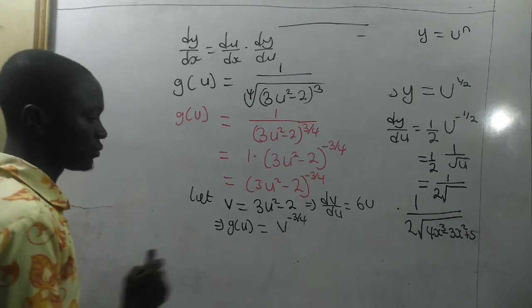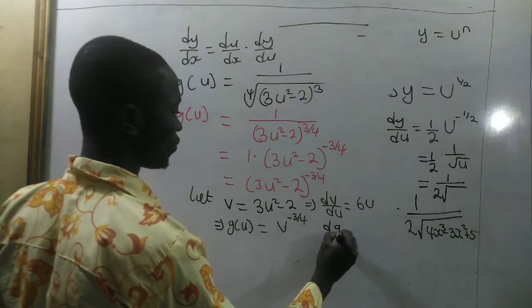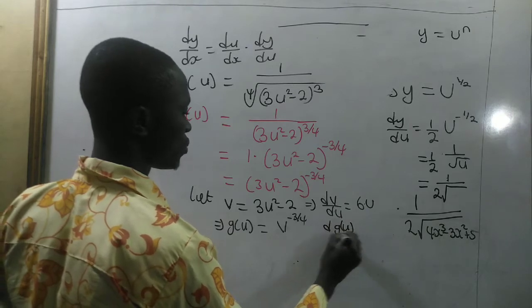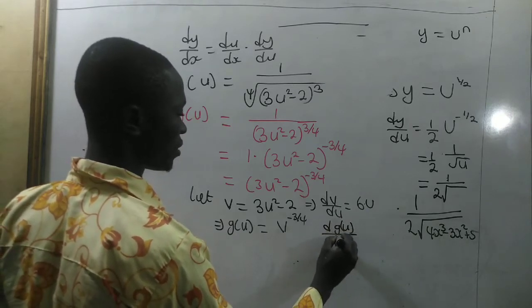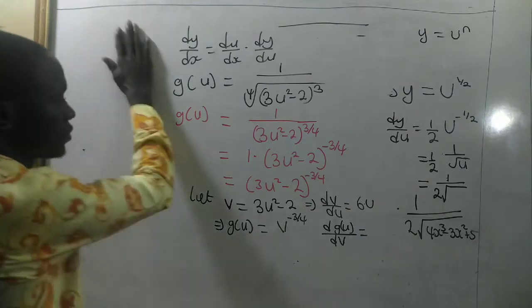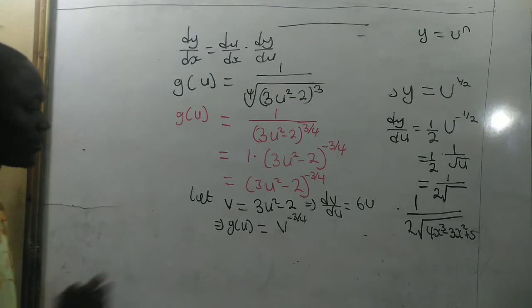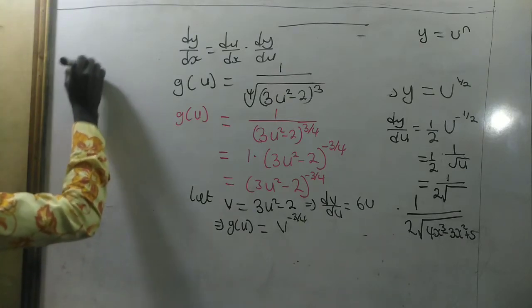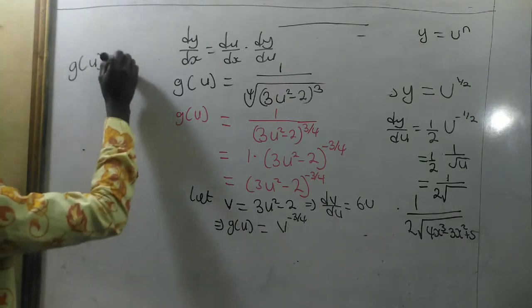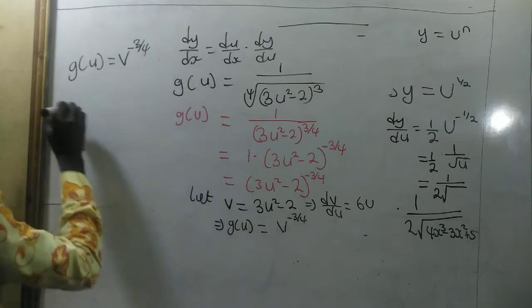And we come here, we are going to have the derivative of g of u with respect to v. We have g of u to be equal to v to the power negative 3 on 4.